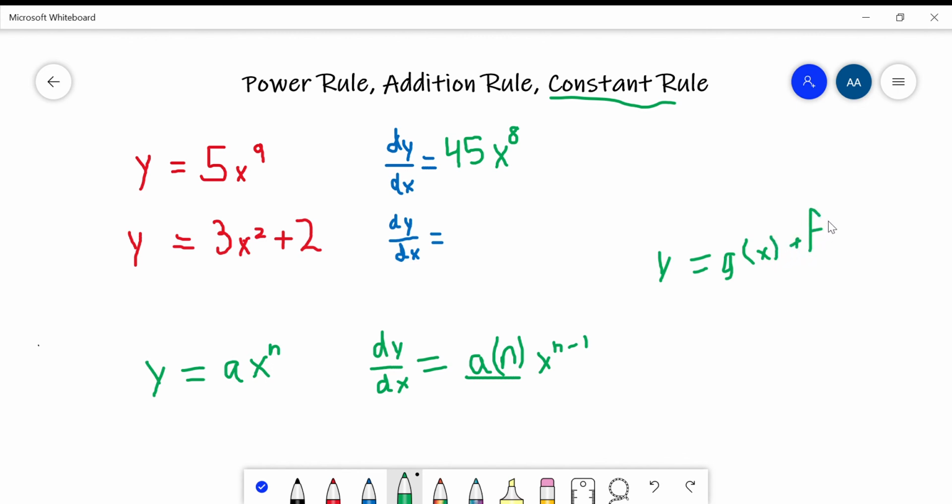Why not? So what would we do if we wanted to find dy dx? Well, it would just be g prime of x plus f prime of x. Simple as that. You just take the derivative of what you're adding. This is it. Literally it.